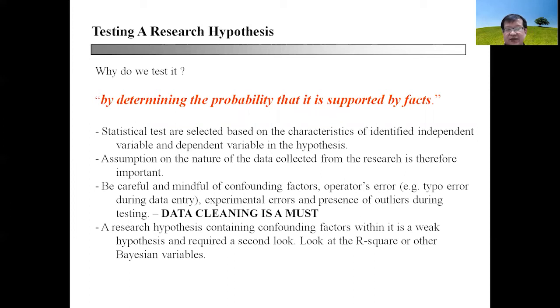How do we test it? We test all this by determining the probability that it is supported by facts. All this can only be done if the data is clean, that means it is not influenced by any confounders or any other erroneous factors that result in false data or false data entry.